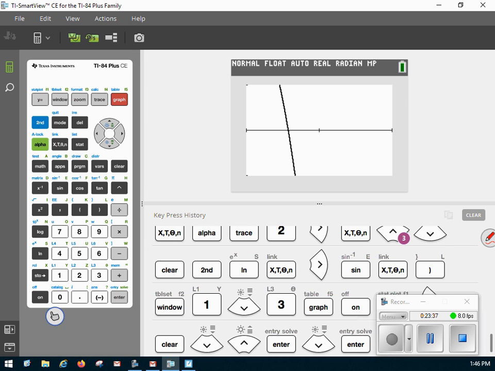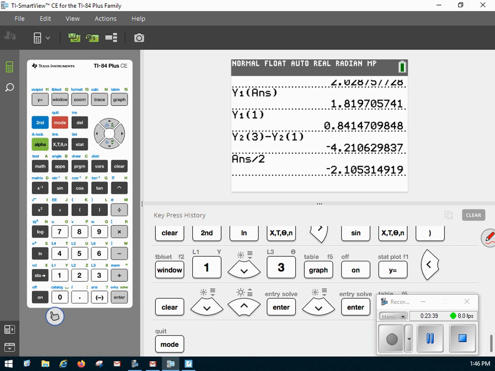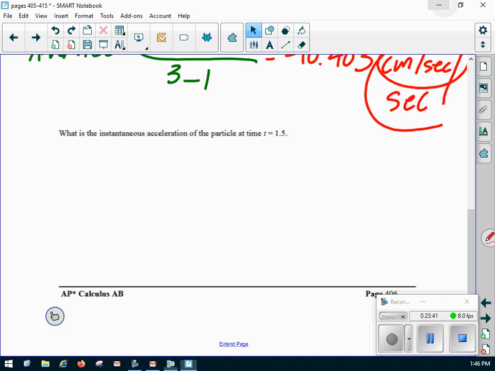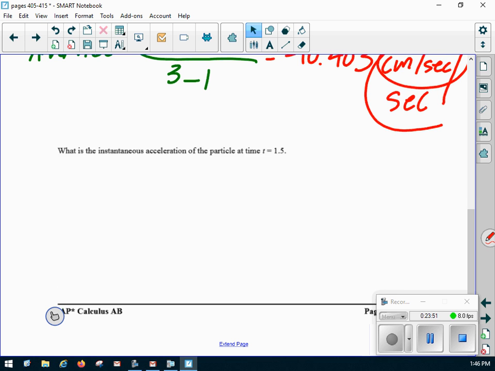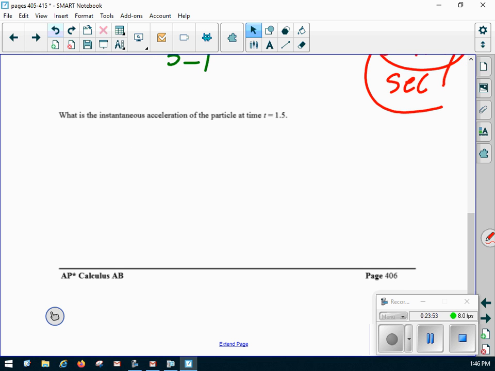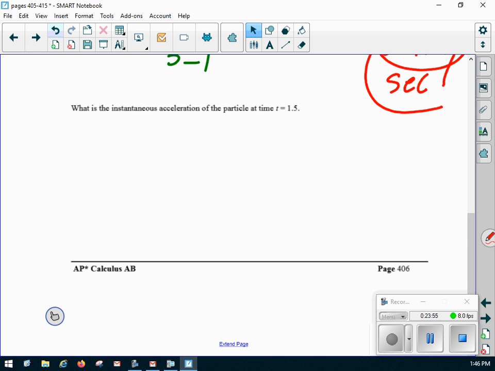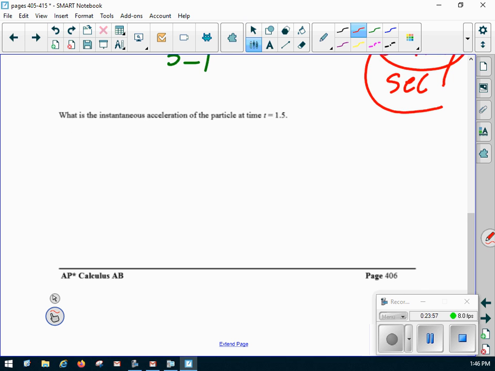So would we do P double prime of 1.5? So what you'll write, the instantaneous acceleration, I want you to write this. V prime of 1.5 equals A of 1.5, which is, what'd you say, 0.634?